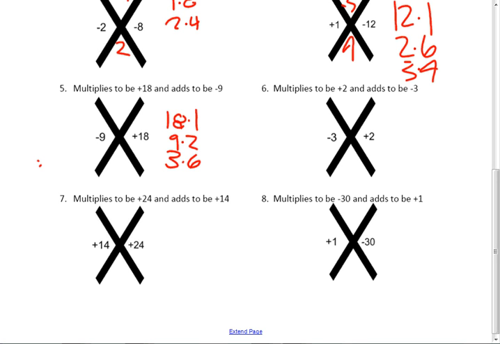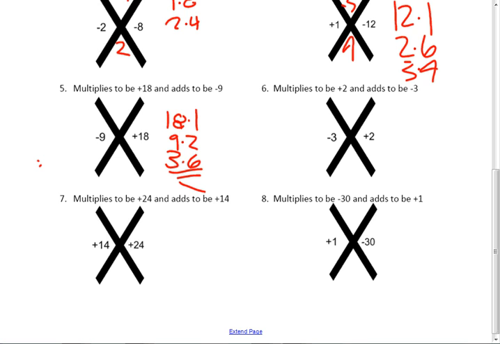Which one's going to give me a 9? I have a positive 18. All those give me positive. But I want them to add to give me 9. Which pair are you going to use? Jens, which pair are you going to use? Nick, which pair are you going to use? Which ones will add to give you 9?